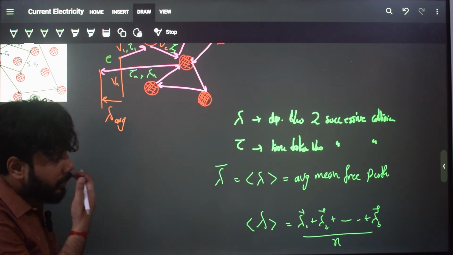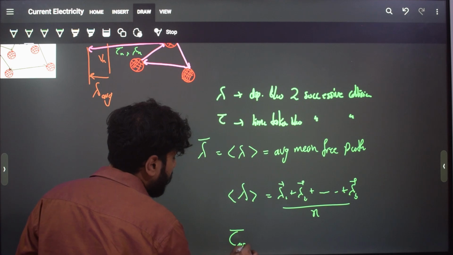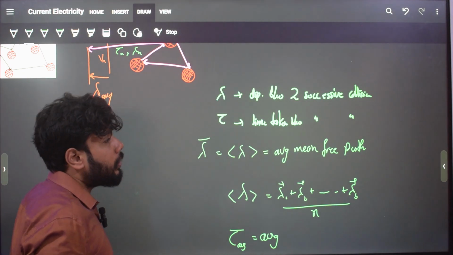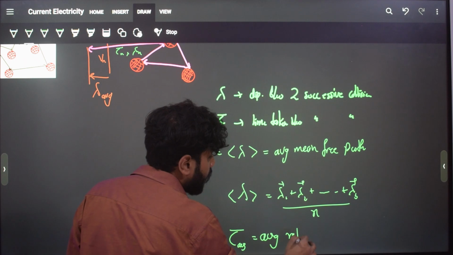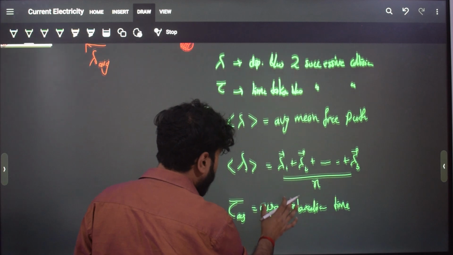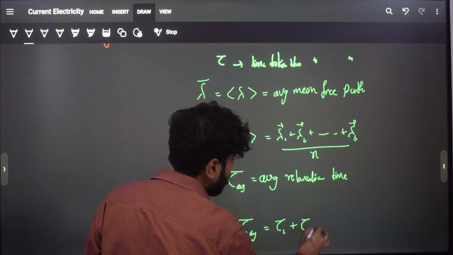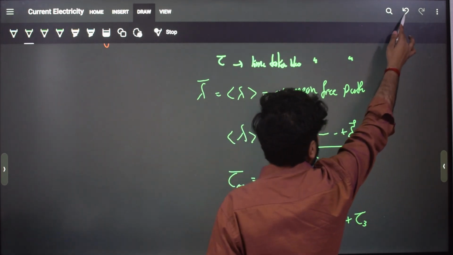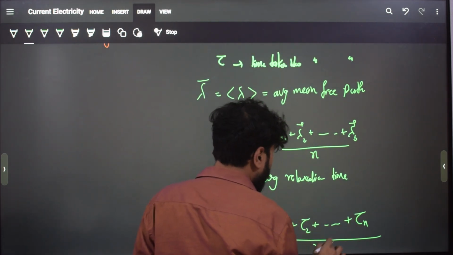Because it is a vector sum, we have represented it with vector notation. Similarly, tau will be known as the average relaxation time. The time taken between each collision is known as relaxation time, and the average of that will be known as the average relaxation time. How would you calculate this?